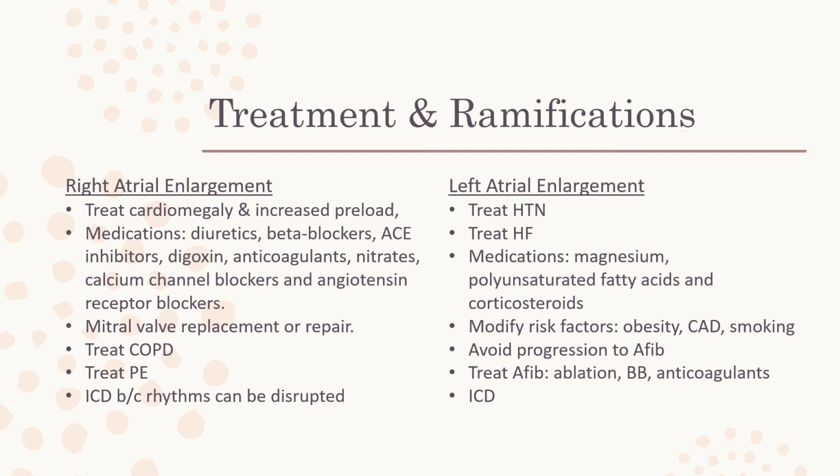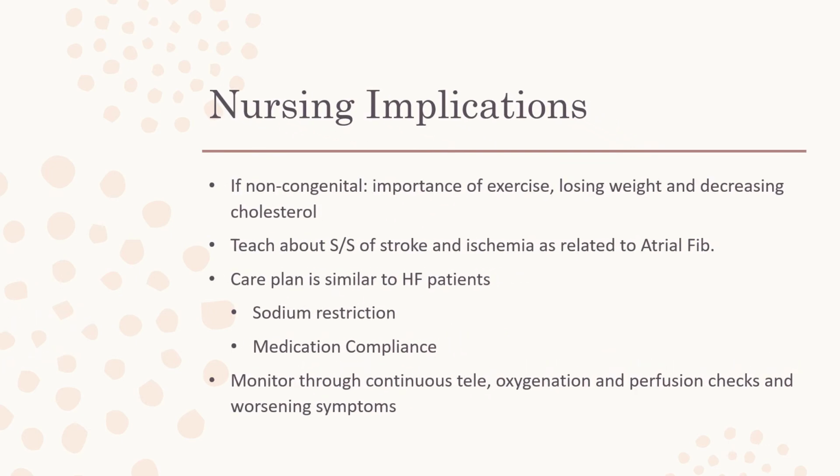And then, of course, ICDs, because we know that people with a reduced ejection fraction are more likely to have a lethal arrhythmia, sudden lethal death. So, if non-congenital, importance of exercise, losing weight, decreasing cholesterol, signs and symptoms of stroke and ischemia related to the atrial fib, heart failure, you're basically treating them like they are heart failure patients.